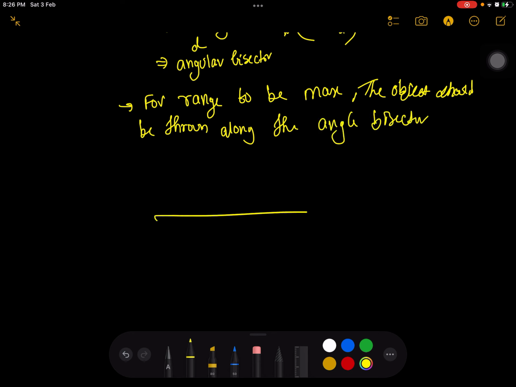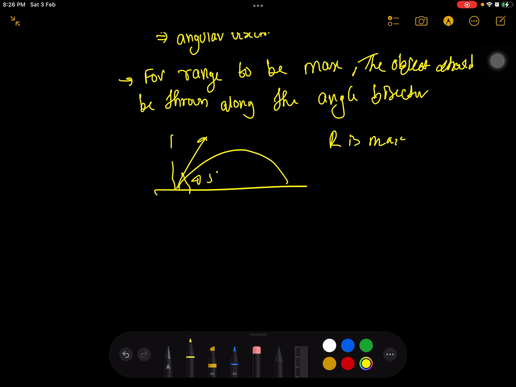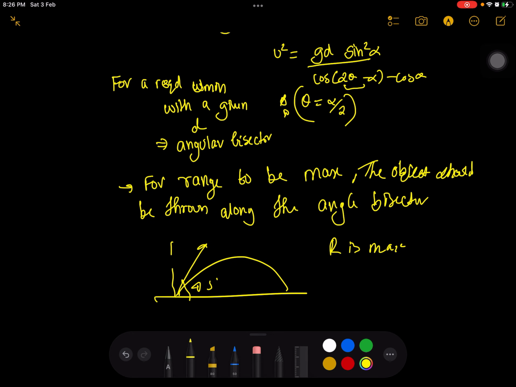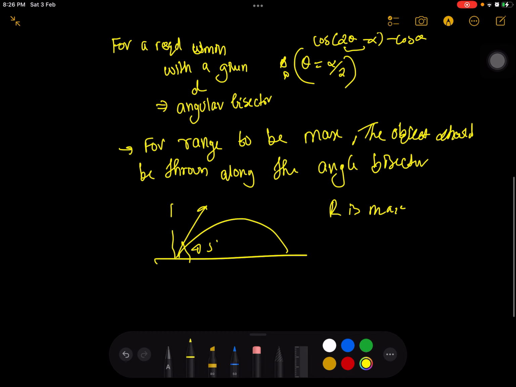Even for a normal projectile, if it's thrown at an angle of 45 degrees, range is max, right? It's the same way if you do it from any point. If you want range to be max, you take it along the angle bisector. Or when there's a given D and you need a velocity v minimum for that, then again you take the angle bisector.